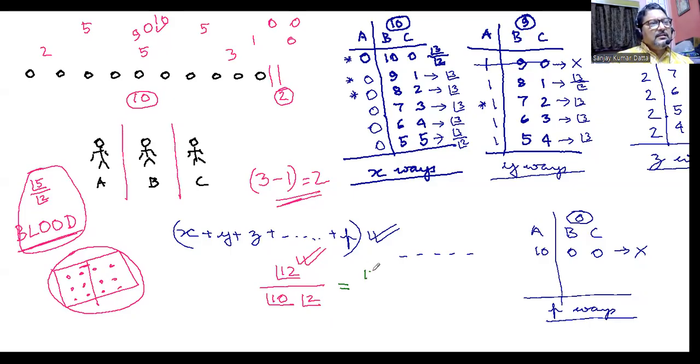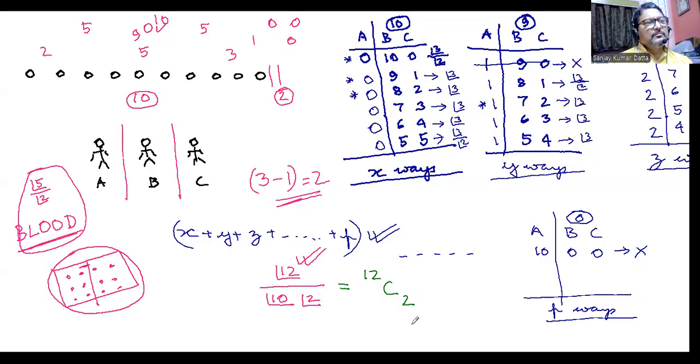Isn't it 12C2? 12C2 is nothing but factorial 12 divided by factorial 10 into factorial 2. Yes or no? I hope you understand nCr is equal to factorial n divided by factorial n minus r into factorial r.